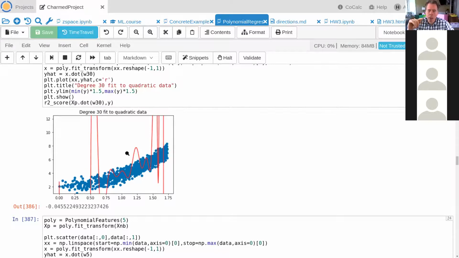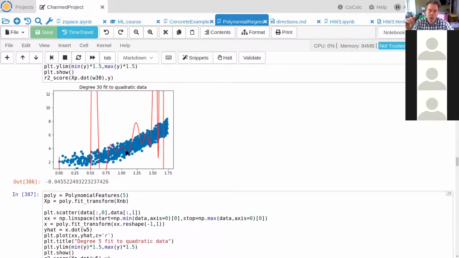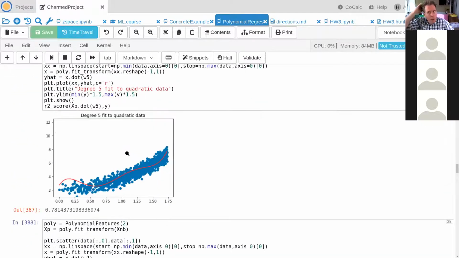But it has low bias because it is rich enough to actually exactly capture the curve in the data. And the degree 5 is actually a pretty good trade-off between the two. It has very low bias because it can represent a curve, but it has a little bit of high variance because this little hump and this twist and stuff, those were just features of the particular training data that we happened to get.